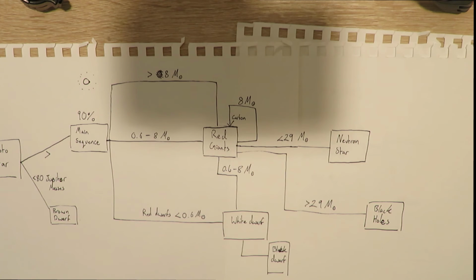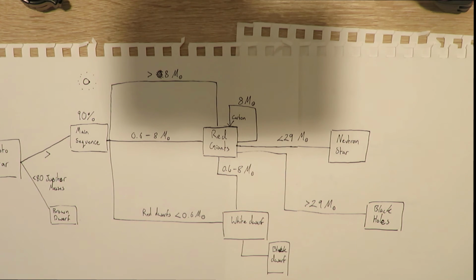And that's kind of all the big steps that there are for how stars work. There's more than this, as you might guess. There's a little bit of leeway anywhere around the cutoff of 80 Jupiter masses. It's not like 80 Jupiter masses and 1 gram more and bam, it's a main sequence star.